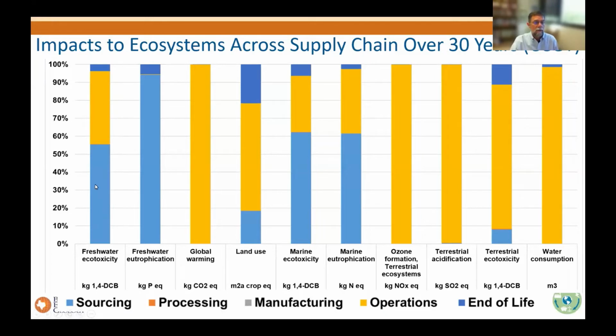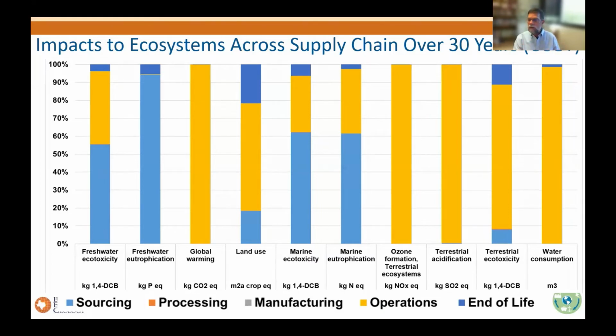But we are now showing this as a percent of the total, like where is the attribution actually occurring? Under freshwater ecotox, you can see it's under sourcing. It's very much under sourcing for marine eutrophication and so on. But when you get into the operations for combined cycle gas, the global warming potential basically overwhelms. This is the CO2 emission.